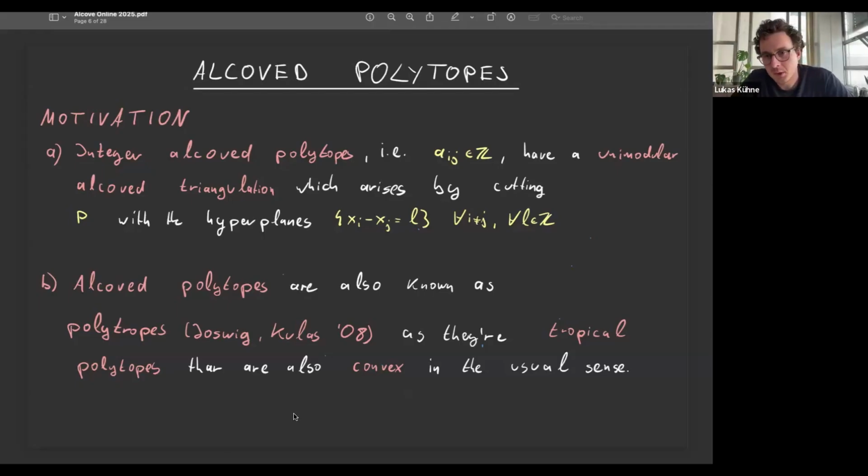This gives rise to, you can talk about the tropical convex hull of a set. This is then what people call a tropical polytope. And if this happens to be convex in the usual sense, then this is a very special class of polytopes. That's what they call polytropes. So these are also exactly the alcoved polytopes I care about.